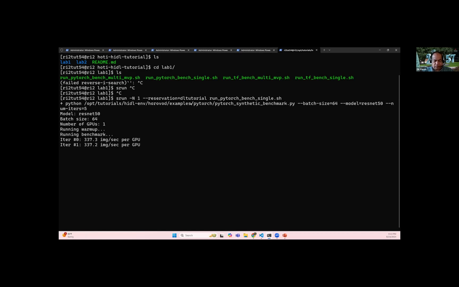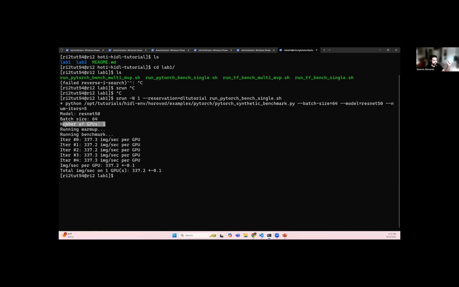So we're going to launch this PyTorch synthetic benchmark. So again, synthetic data. We're not using an actual data set. Batch size is 64. The model we're testing is a ResNet 50. We're going to run for 5 iterations and take the average, just to be sure that the data is not skewed. We're capturing the actual throughput here.